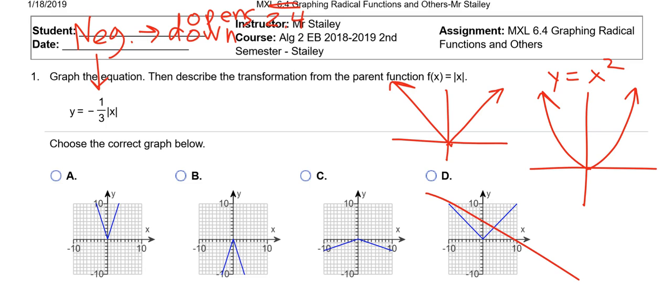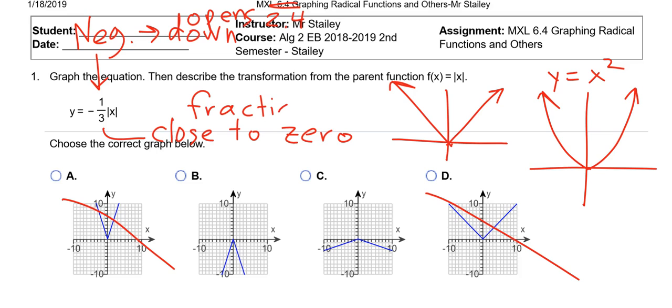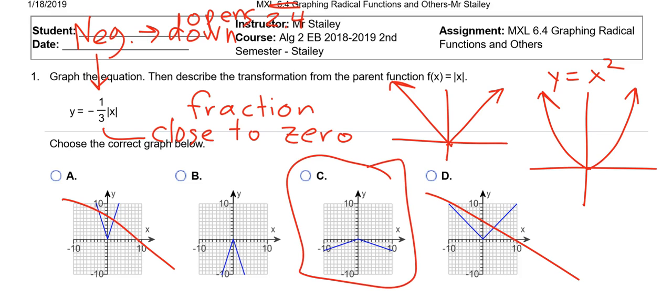So this is not an option, and this is not an option. If that multiplier is close to 0, in other words, it's a fraction, then what it causes the graph to do is flatten out.